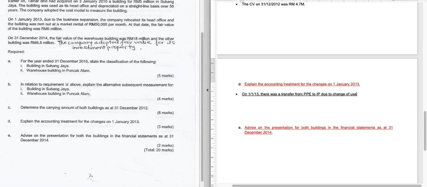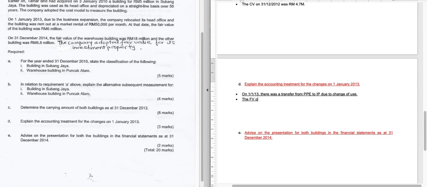This is a standard way of writing when you answer for the accounting treatment on the transfer of PPE to IP or IP to PPE. And then the fair value of RM 6 million on that date is deemed to be the carrying value of the IP.